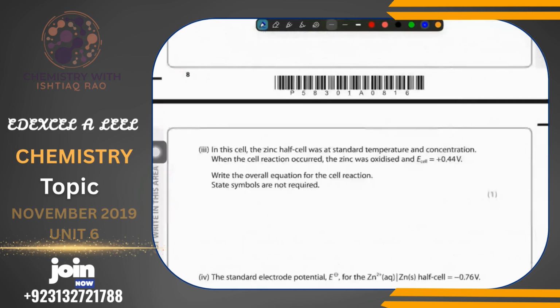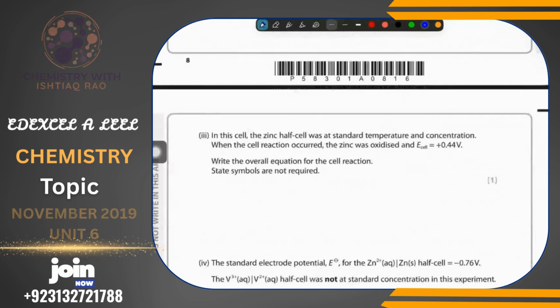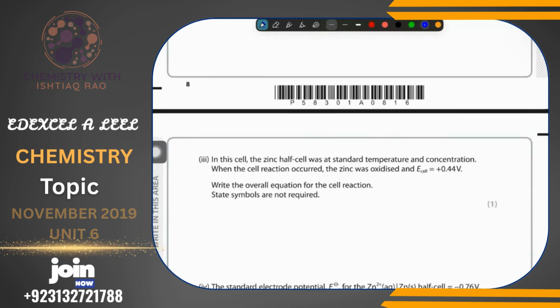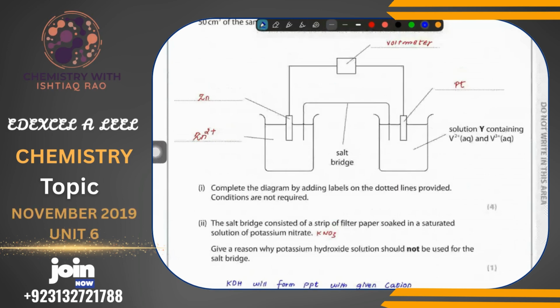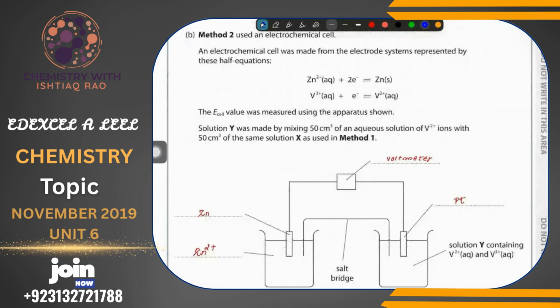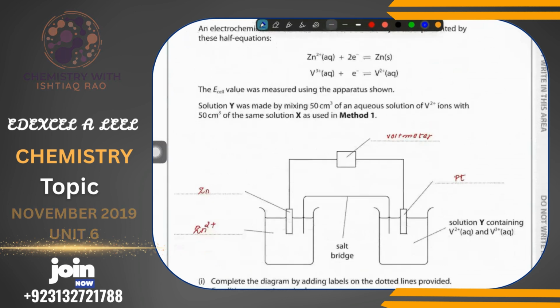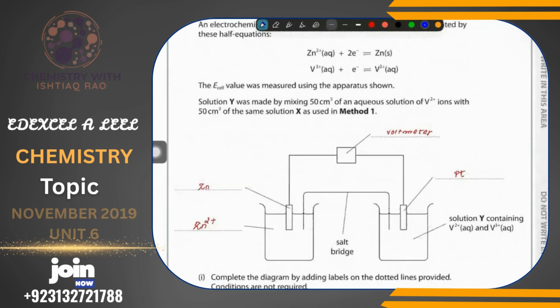They have given you the overall cell E value. Sorry, E of cell is 0.44. So I got Zn plus 2V3 plus gives Zn2 plus plus 2V2 plus.